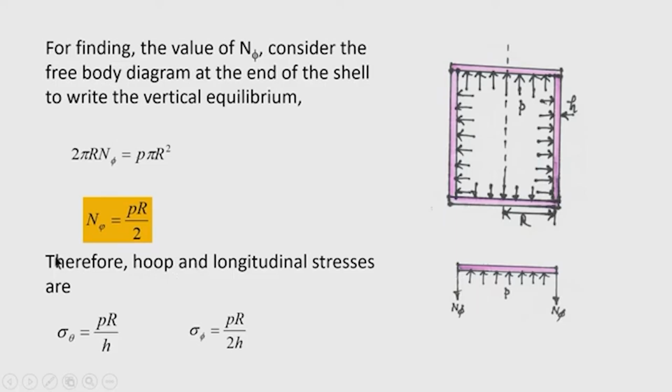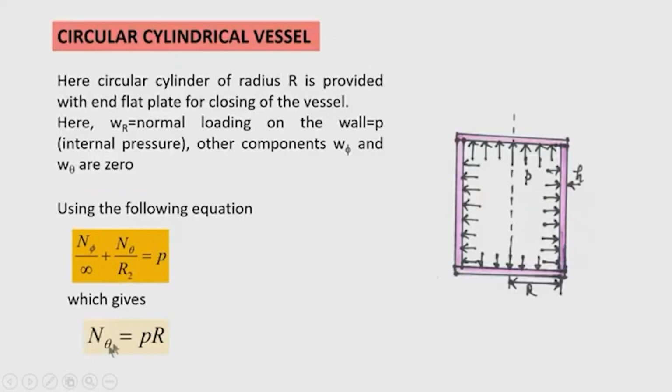So, these are generally referred to as the hoop and longitudinal stresses respectively. The hoop force is n theta, the circumferential force. If I divide n theta by h, I will get the hoop stress.